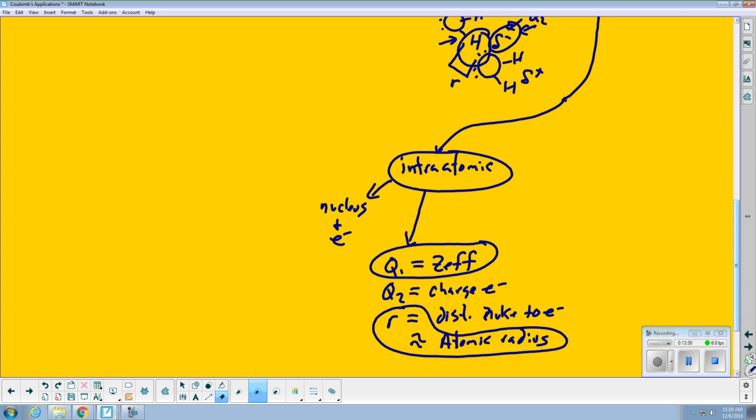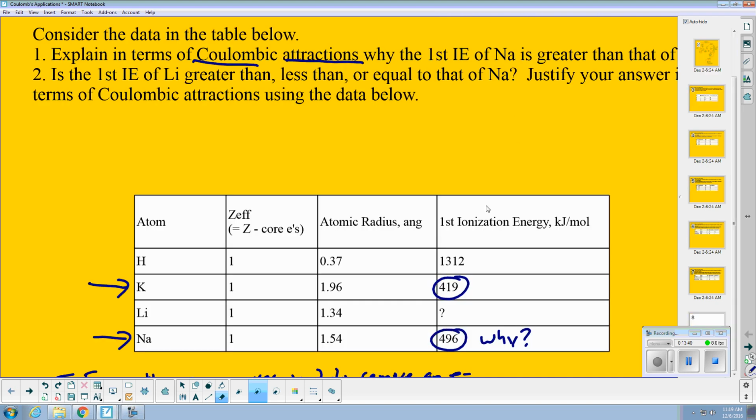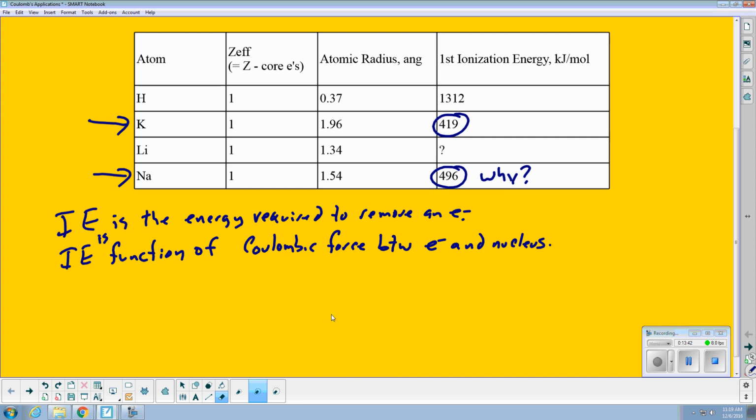Okay, so now let's go back to the question. Maybe we have enough information now to answer that. Good. So ionization energy is a function of Coulombic forces between my electron and my nucleus. My Z effective can be considered my Q1.